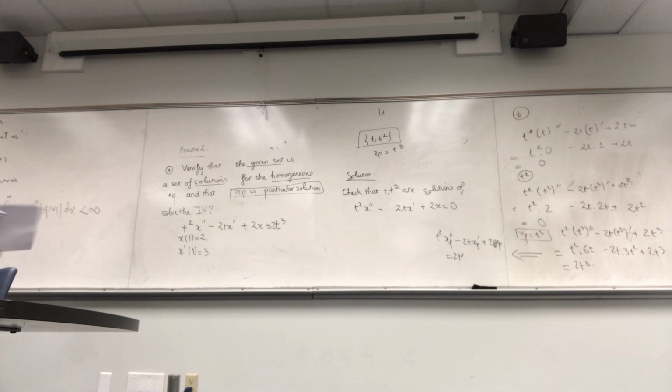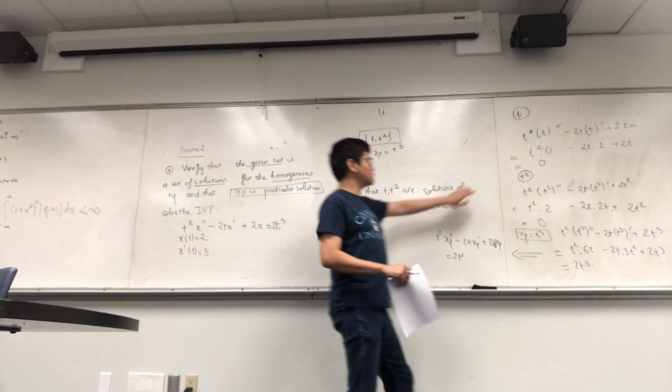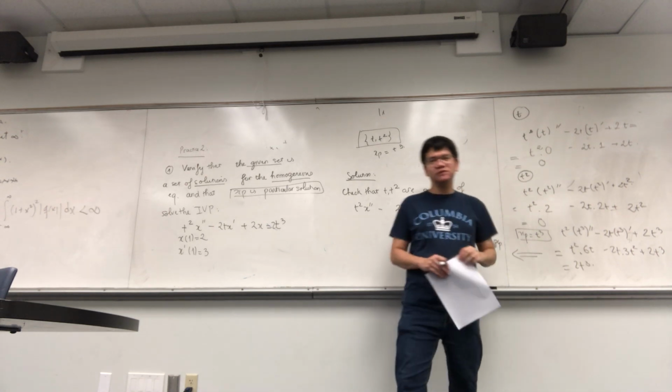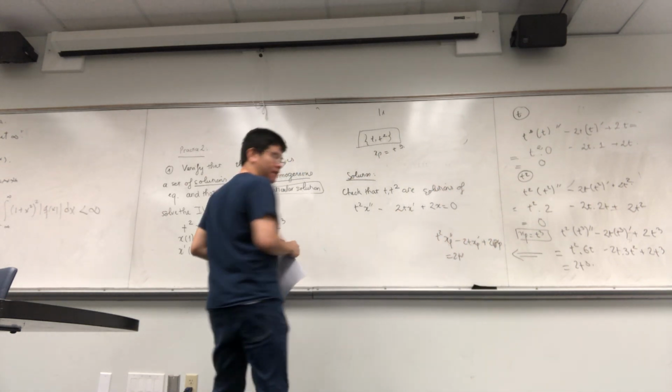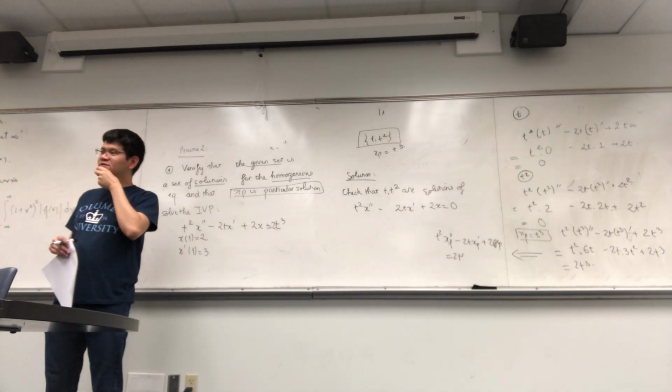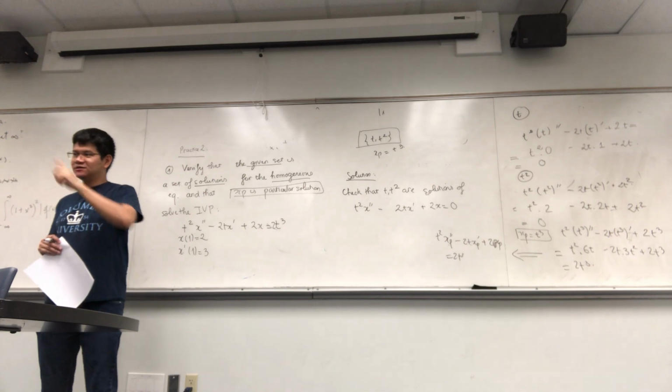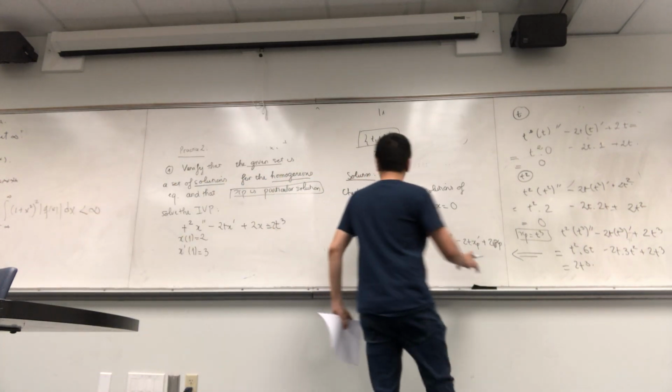Now you have the two solutions of the homogeneous equation, and you have the particular solution. What is the general solution? x equals t cubed plus c1 t plus c2 t squared. Right.